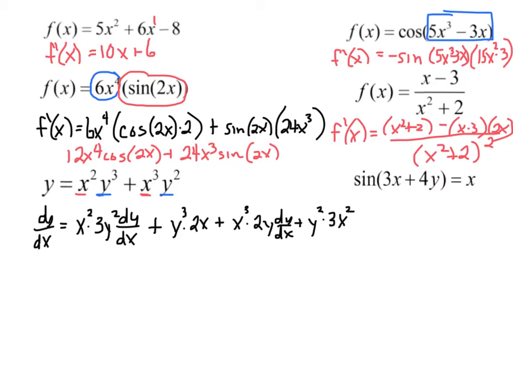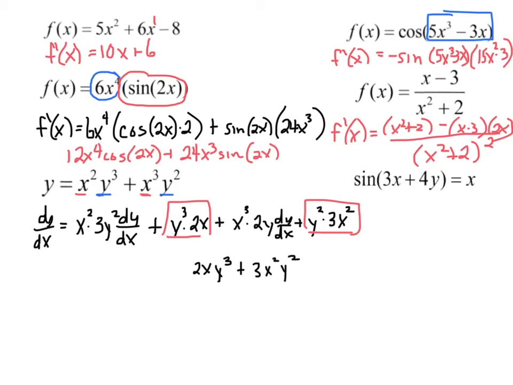Like that. Now, what we like to do at this point is take the stuff that doesn't have a dy dx, like these two terms, box them out here, and leave them on one side and pull everything that does have a dy dx to the other side. So let me start by just writing those terms. I like to have the x come first with the number. So 2xy cubed plus 3x squared y squared.